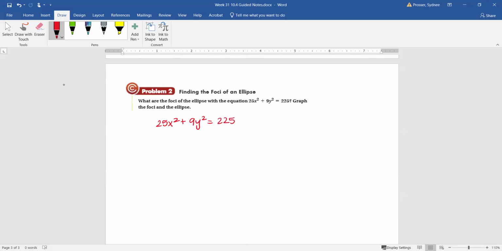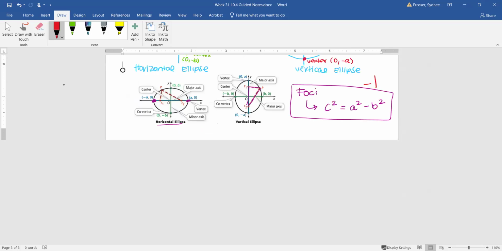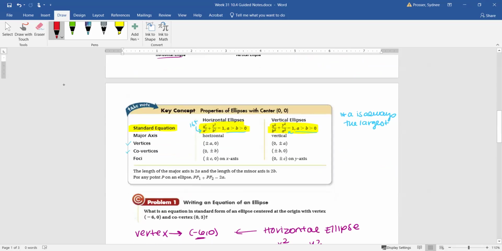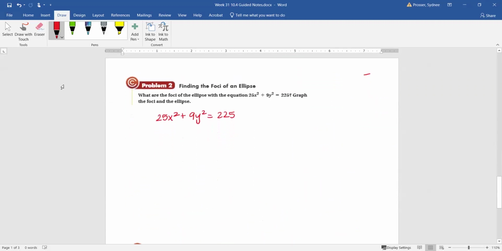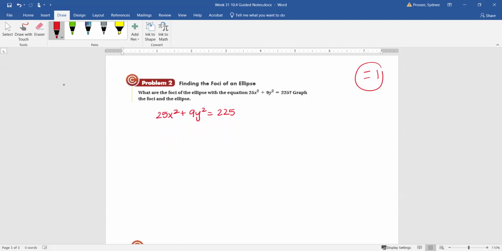If you go back and look at the equation of ellipses, they're always set equal to 1. So we need to get this equation set equal to 1, and we're going to do that by dividing everything by 225.